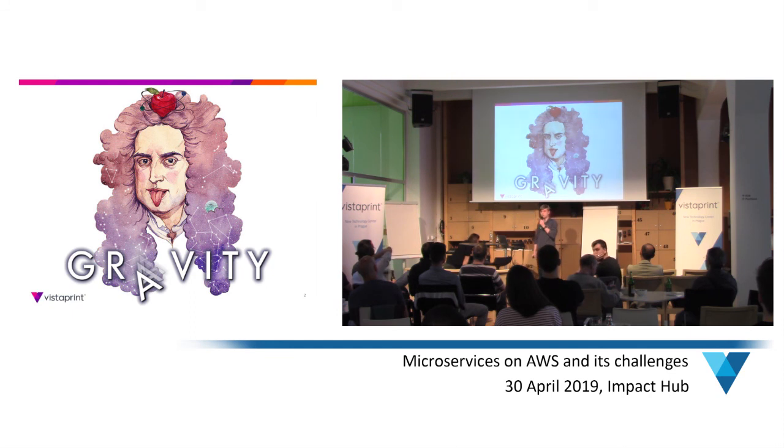So I'm working with microservices for about 4 years. And this is the logo of my team. I hope you like it. So today I'm going to, I actually hate it. Today I'm going to talk about some of the experience I went through, about examples from AWS, because I work mainly with AWS.